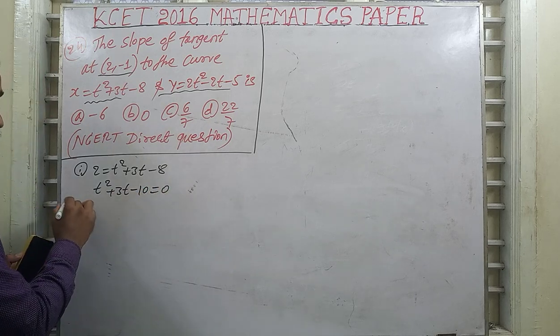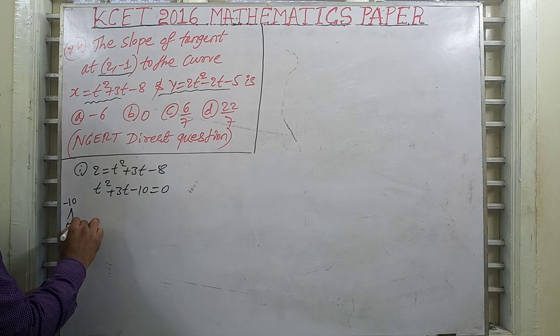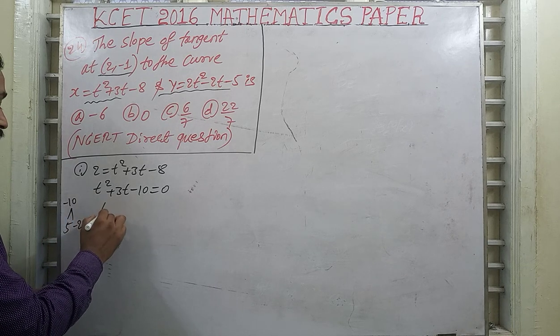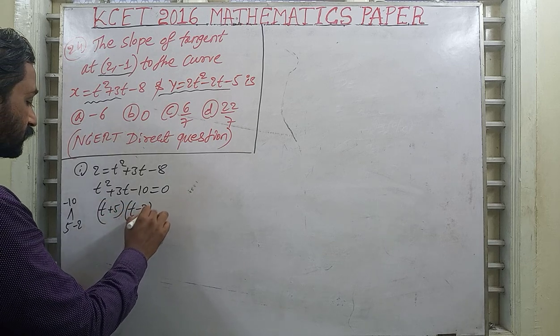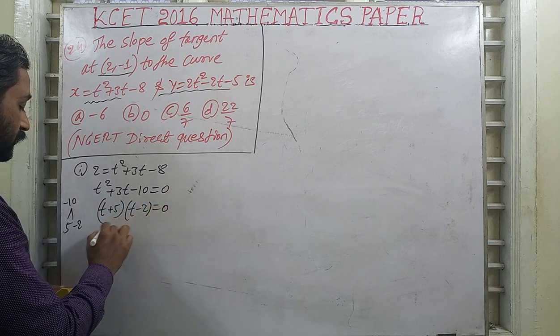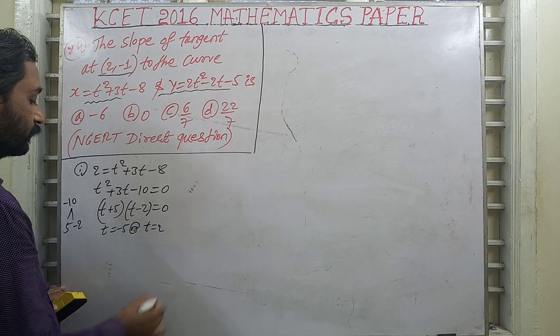Minus 10 can be written as 5 twos, 5 minus 2. So directly you can write t plus 5 and t minus 2 is equal to 0. So t is equal to minus 5 or t is equal to 2.